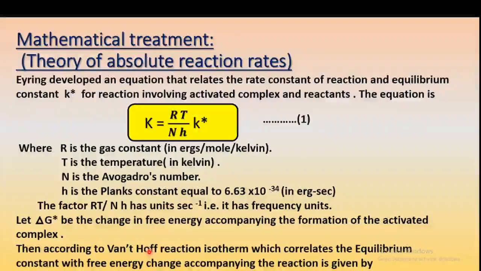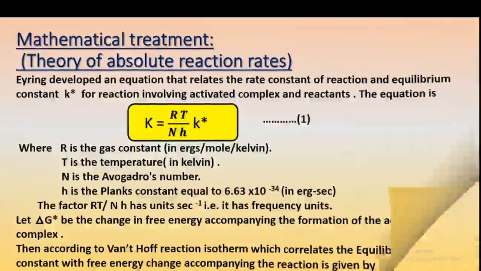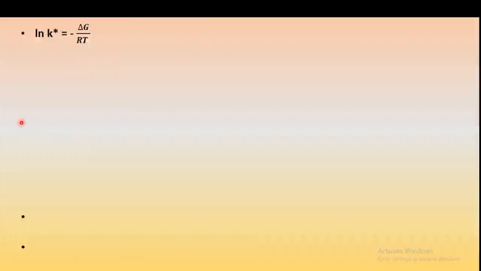According to the Van 't Hoff reaction isotherm, which correlates the equilibrium constant with the free energy change accompanying the reaction, ln of K star is equal to minus delta G upon RT. K star is the equilibrium constant, delta G is the change in free energy, R is a gas constant and T is the temperature.